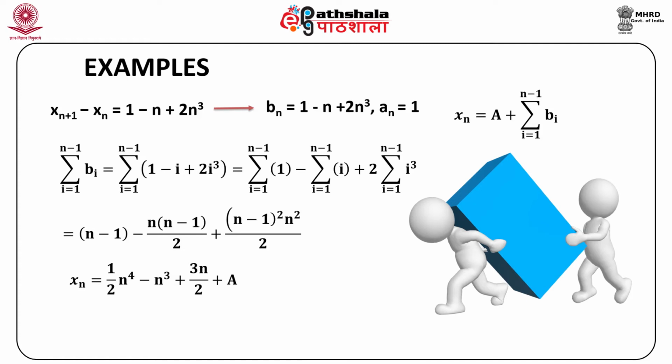Solve the non-homogeneous difference equation xn+1 minus xn is equal to 1 minus n plus 2n cubed. Here bn is equal to 1 minus n plus 2n cubed, where an is equal to 1.